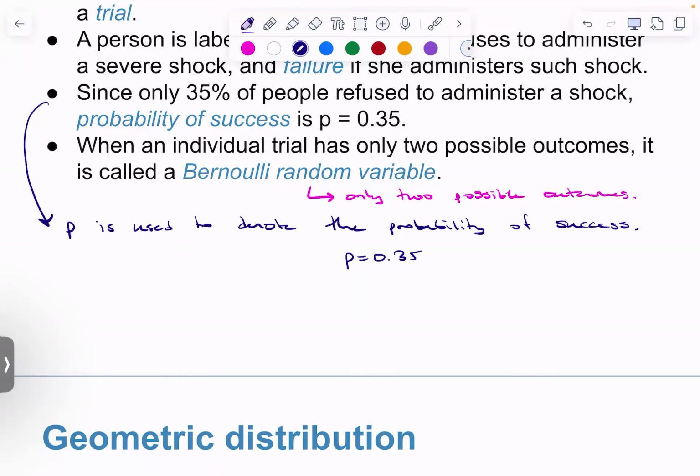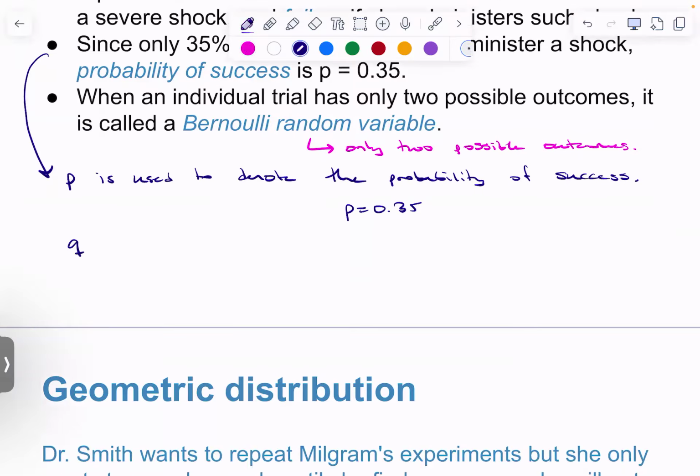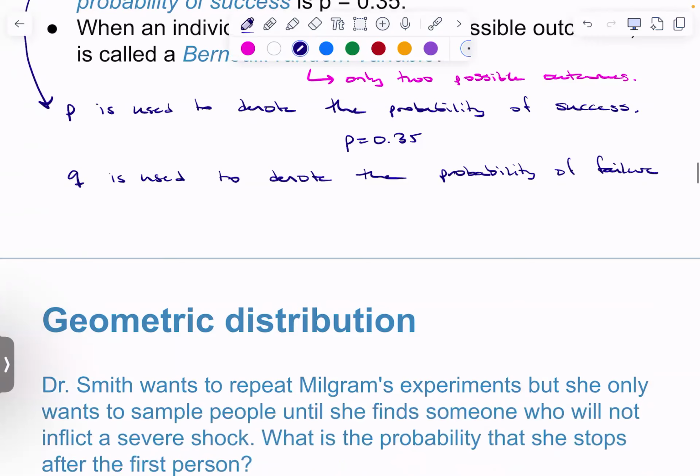I like to use a lowercase q. q is shorthand for the probability of failure, which means that q must be 1 minus p, by the complement rule. It's only 2 options, there's no overlap.